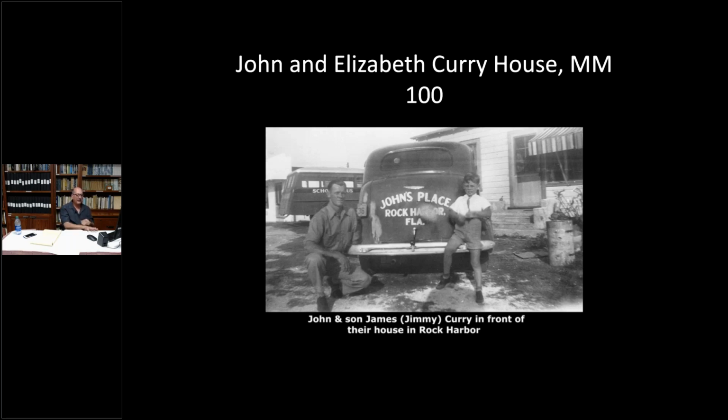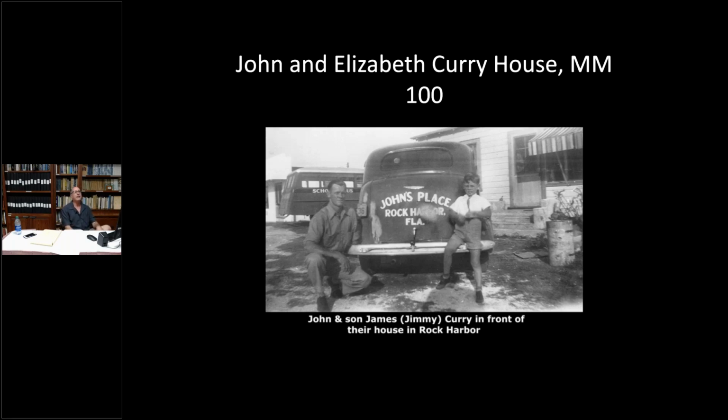But the 1935 Labor Day hurricane is interesting for another reason. Prior to 1935, there was a Rock Harbor. There was a Tavernier post office, a Rock Harbor post office, and then there was also a Key Largo post office closer to mile marker 105. In those days, Rock Harbor would have been kind of between mile marker 92 and mile marker 100, 103, that area.